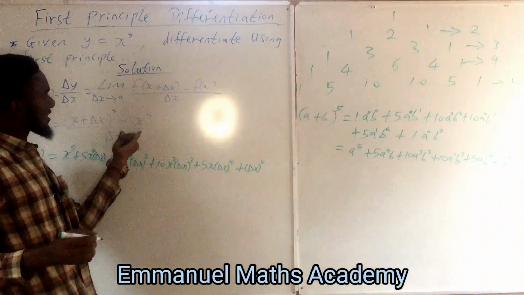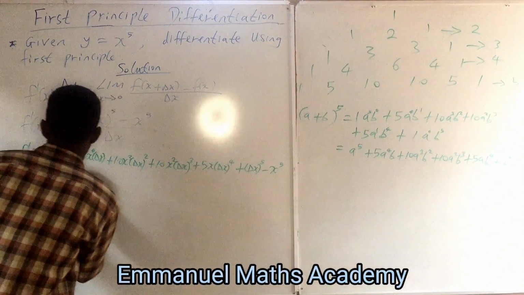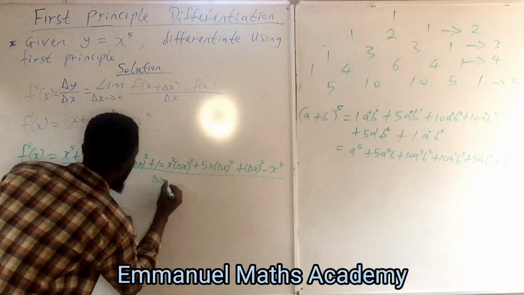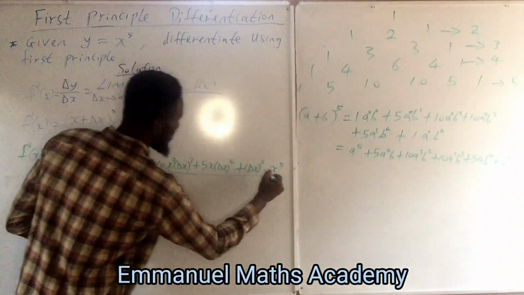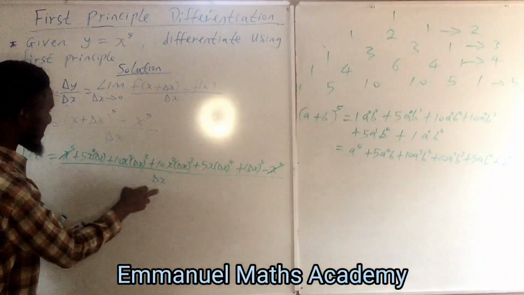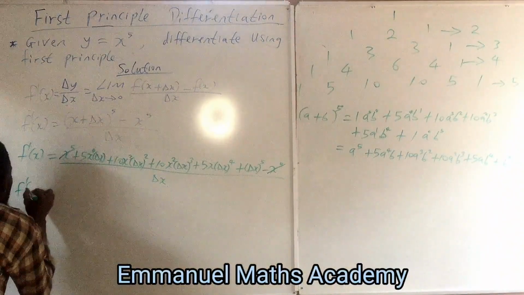Remember your x power 5 here. You now add minus x power 5 all over dx. The x raised to power 5 cancels out minus x raised to power 5. Then if this dx divides through, then you now have f prime of x.